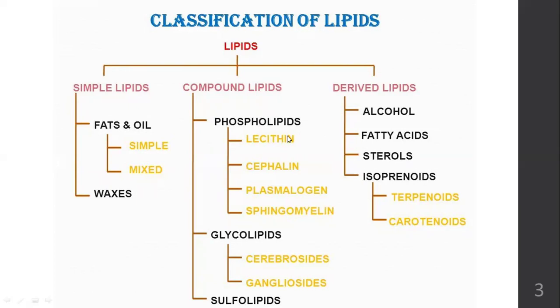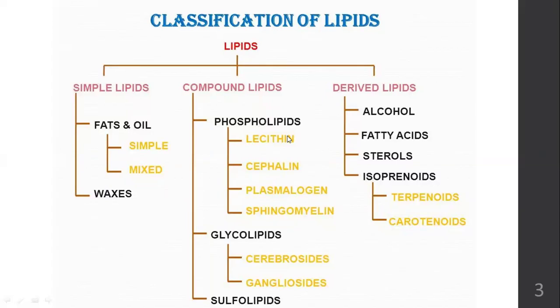In compound lipids, a mineral compound or any other organic compound is attached to the lipid structure. Phospholipids have a phosphorus mineral attached to the lipid layer. Glycolipids have a glucose attached to the lipid compound. Sulfolipids have sulfur attached to the lipids. That is compound lipids.